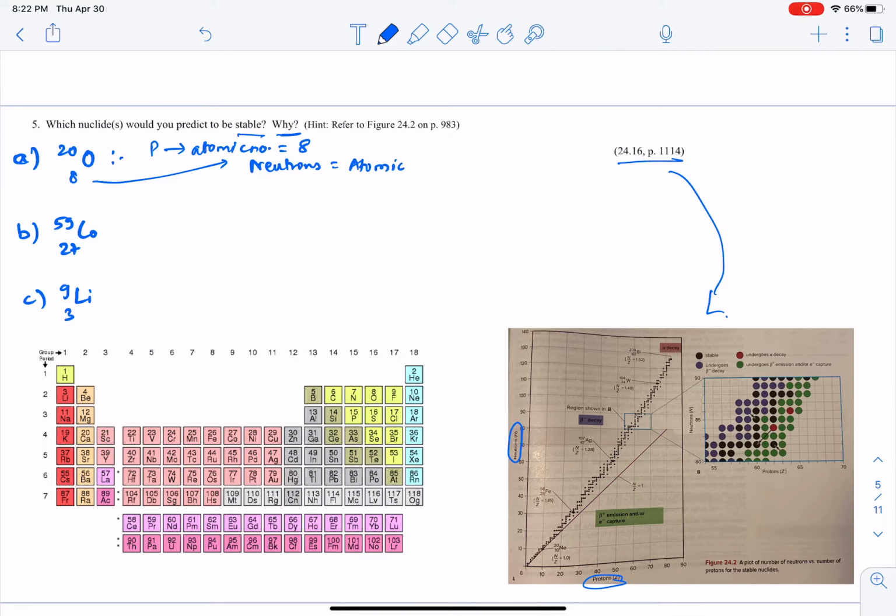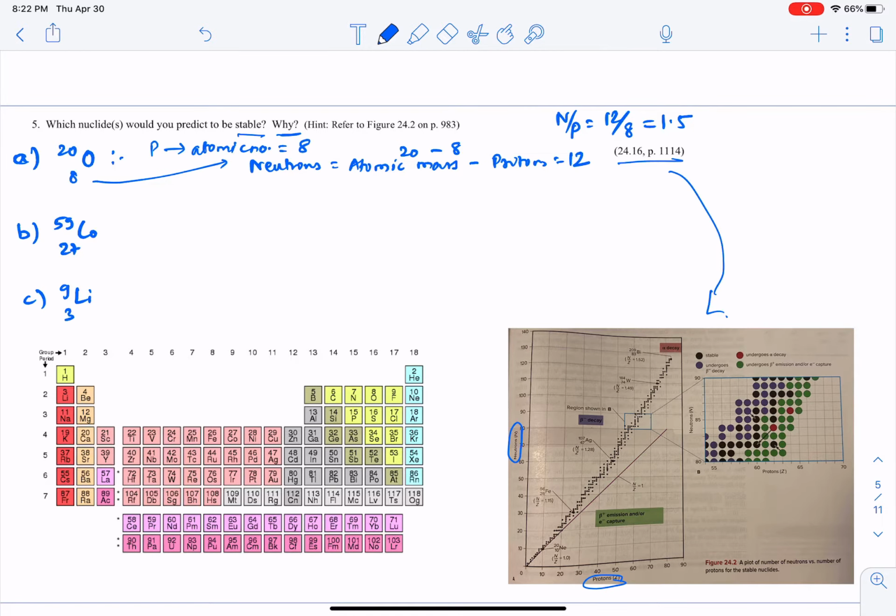I'm writing it in detail here for the first one, then you can just do it fast. We have 20 minus 8, you get 12 neutrons. So the ratio of neutrons upon protons is 12 by 8, and that's 1.5.